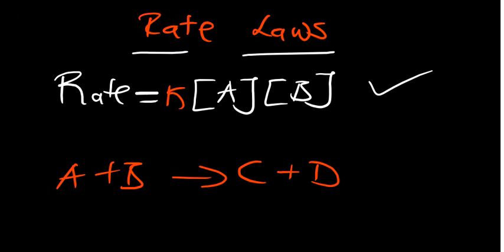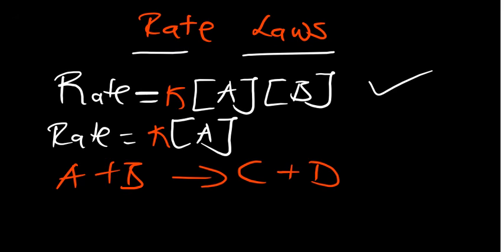You may also have seen something like this: it can be dependent on just one reactant as well. So it can be A raised to the power of 2. That is also an example of a reaction rate law.